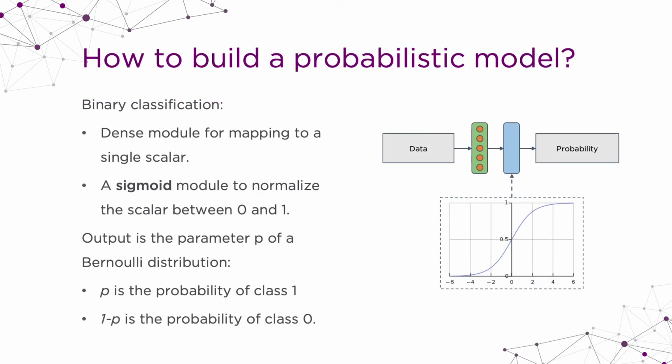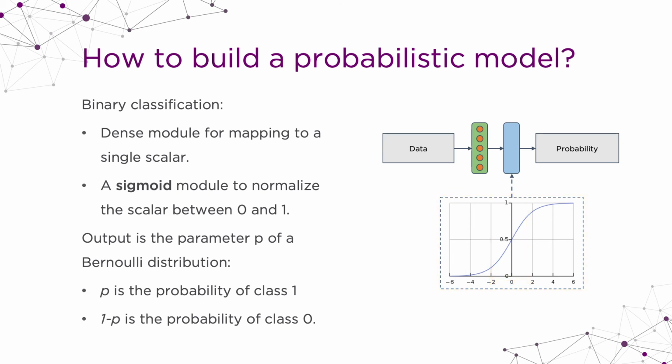So how can we create a probability? For binary classification, it's really easy. I can use any model as complex as I want that will pre-process the data. And at the end, I just add one single module, which is the sigmoid module. The sigmoid will return a value between 0 and 1.